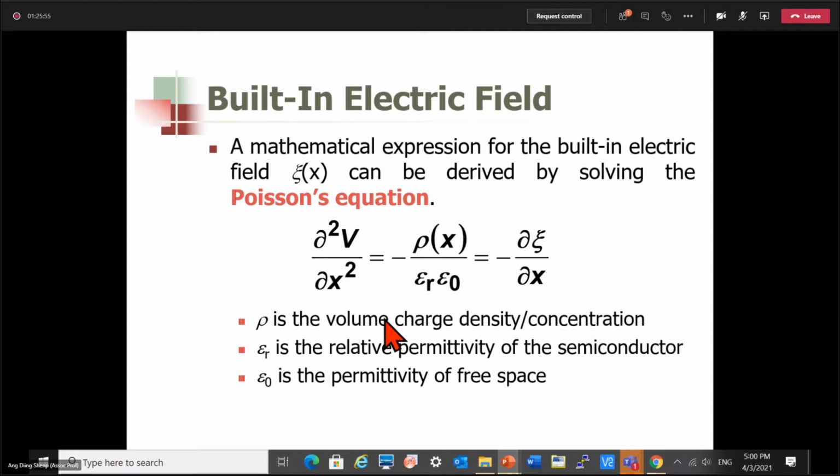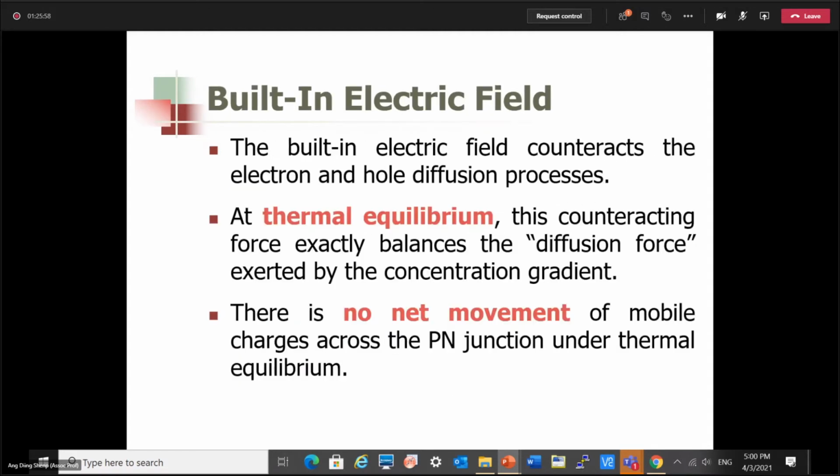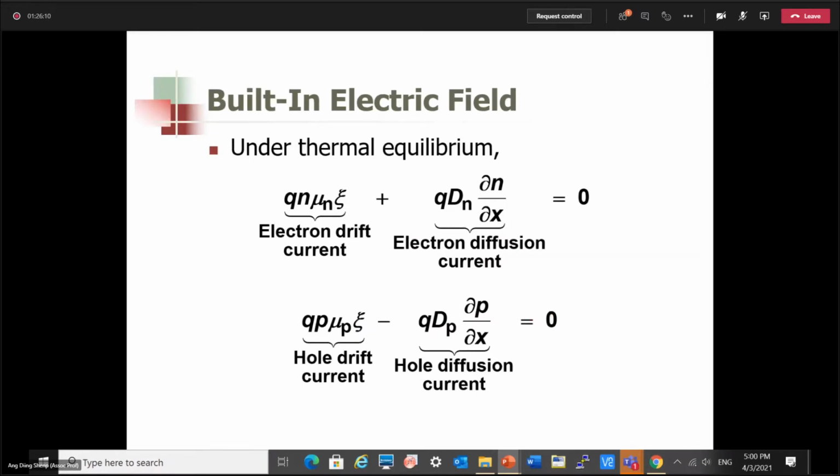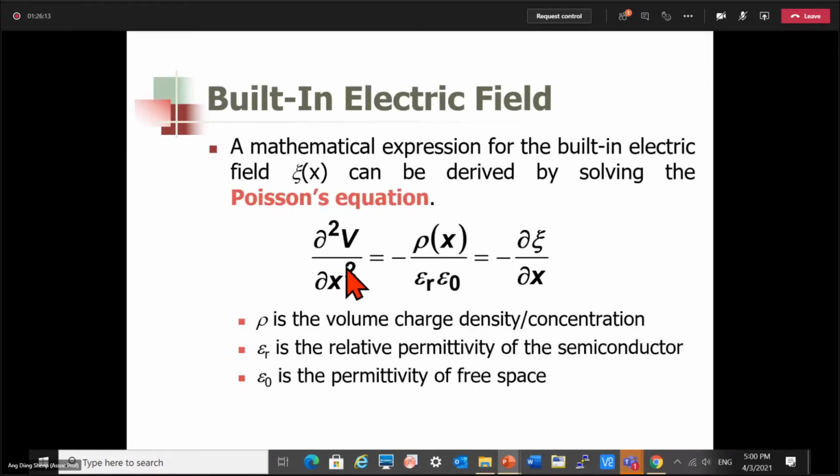We only deal with one dimension, because we can think of the p-n junction as a one-dimension device, where the quantity we are interested in varies only along one direction, typically the x direction. So this is the Poisson equation in one dimension, only along the x direction. The Poisson equation states that the second order derivative of the potential function can be related to the charge density in the region of interest divided by the permittivity of the semiconductor.